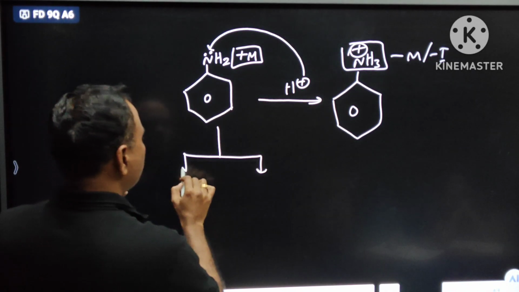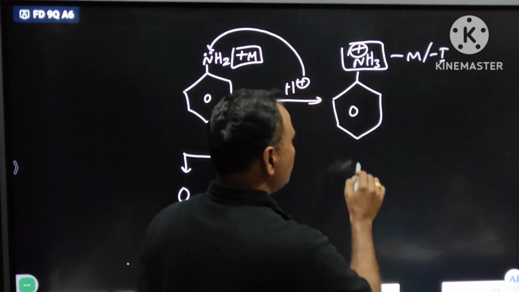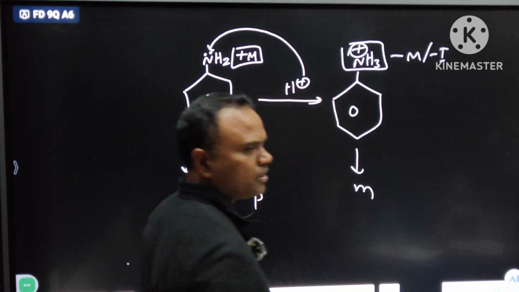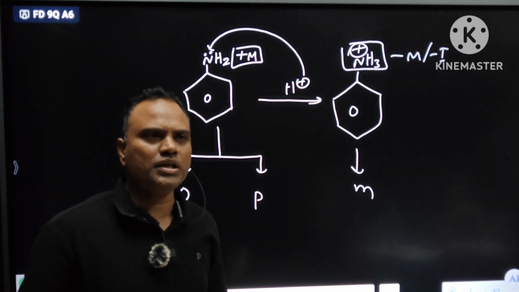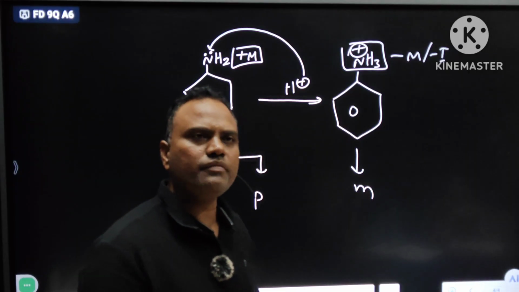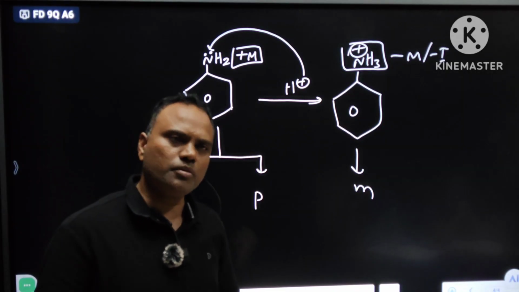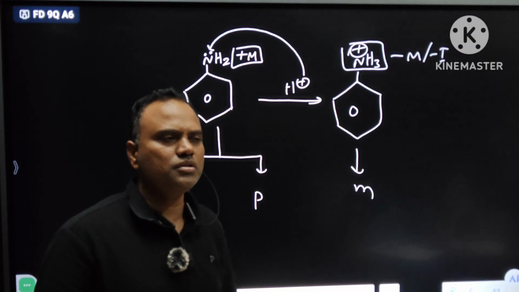We will get ortho and para. With a minus M group what will we get? Meta compound formation takes place. That is the reason. Clear? Why are we getting the meta product? Generally when plus M groups are present, we will get ortho and para only. But in the case of aniline, particularly we are getting meta, the more percentage.